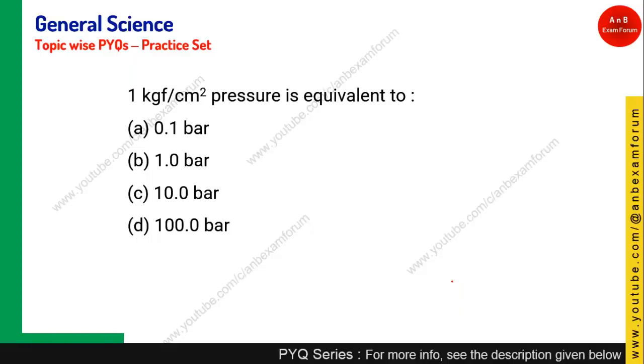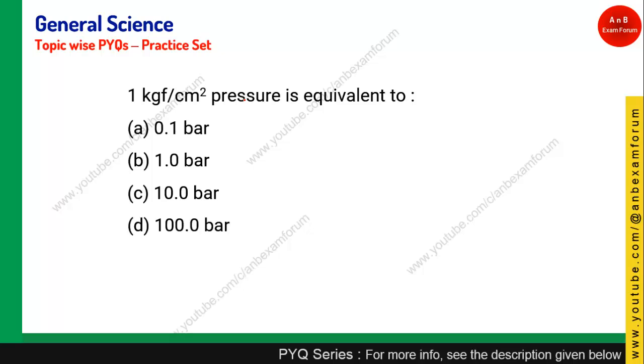Yeah, this is the question from measurement. 1 kgf per centimeter square pressure is equivalent to what? Okay, so let's see. So 1 kg force per centimeter square. Okay, so you need to find it in terms of bar. Okay, so first we will make it into SI unit.